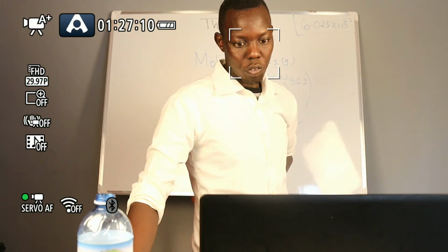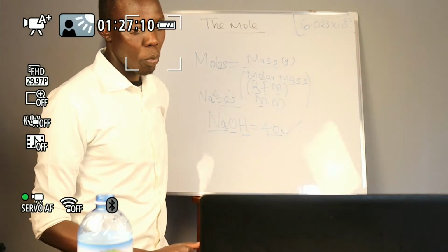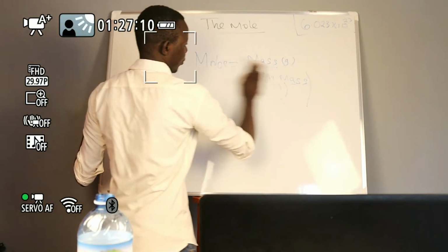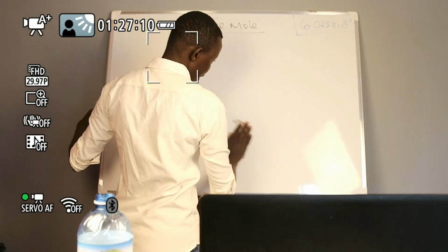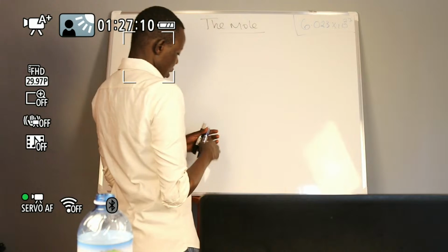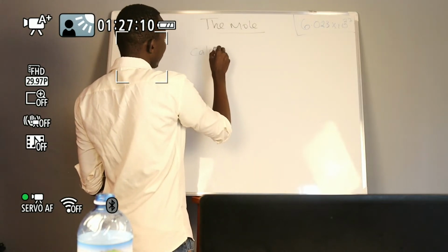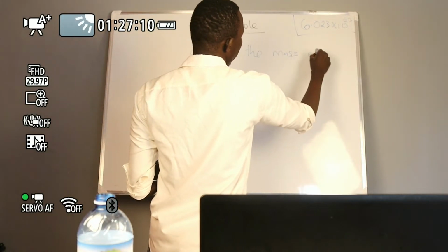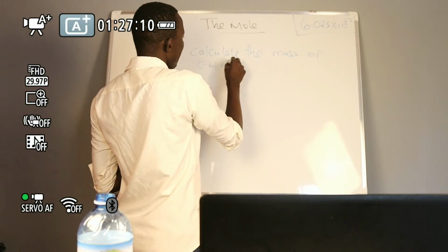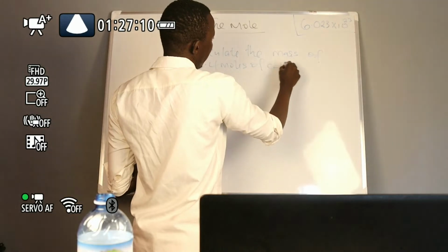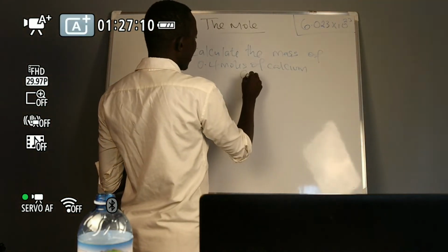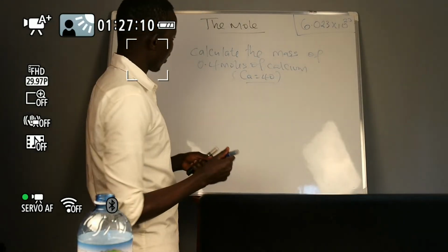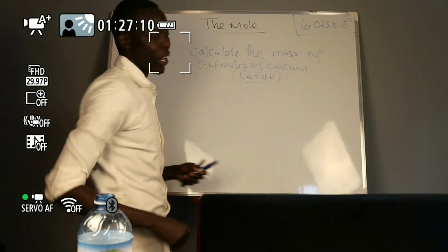Calculate the mass of 0.4 moles of calcium. Below, you are given Ca equals 40.